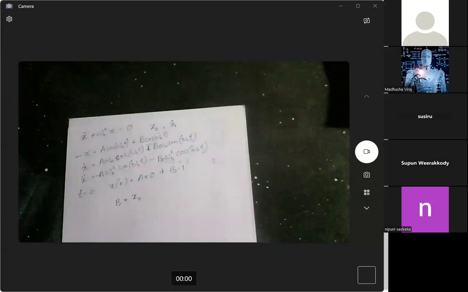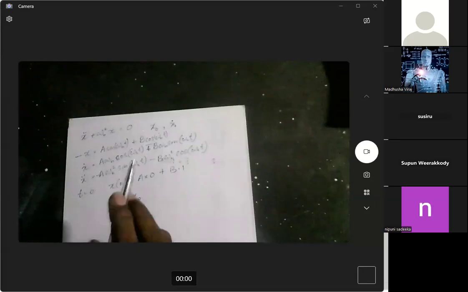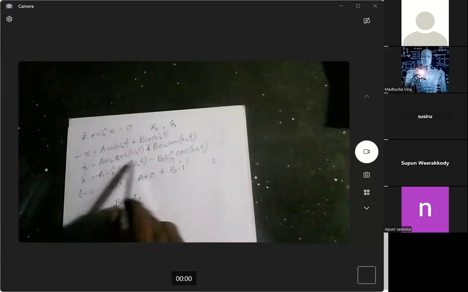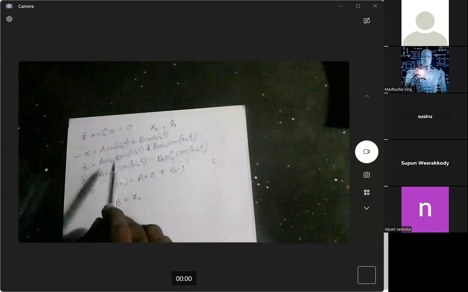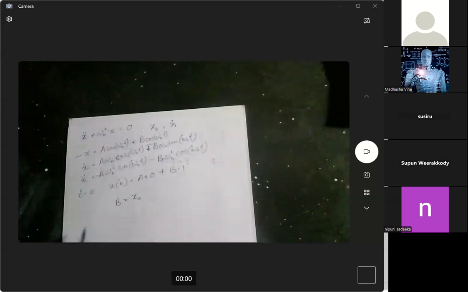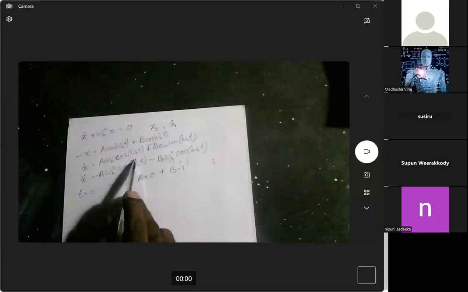Then in the same way, this is the velocity equation, and at any time t this is true, so it should hold for t equals 0. So let's find x dot 0. We have A omega n. This is cos omega n t.